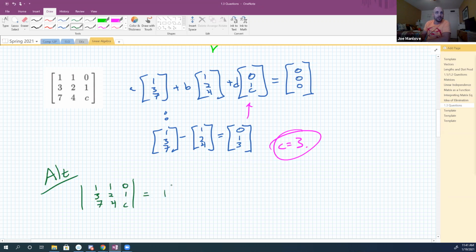Let's see, it's 1 times the determinant of 2 1 4 C, minus 1 times the determinant of 3 7 1 C, plus 0 times some garbage. Does everybody know how to do this, or is this foreign to some people who maybe didn't take Calc 3?